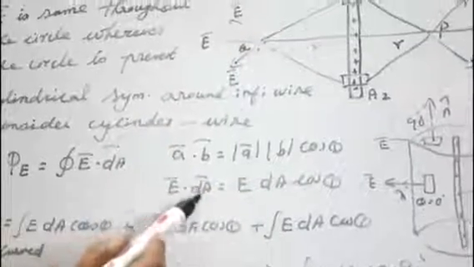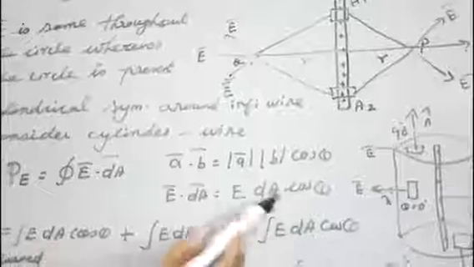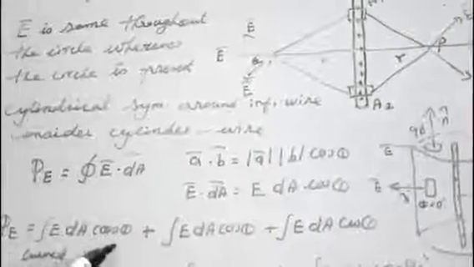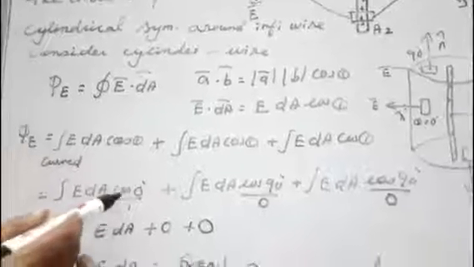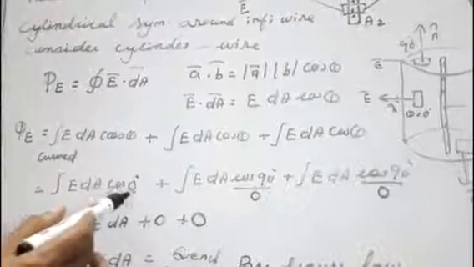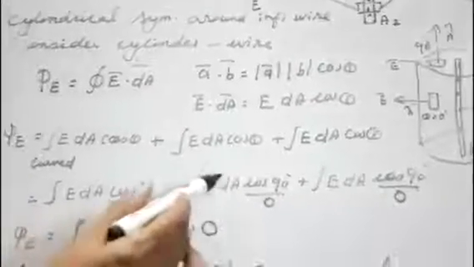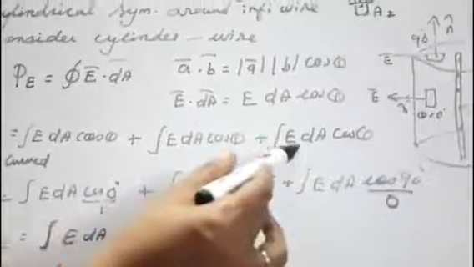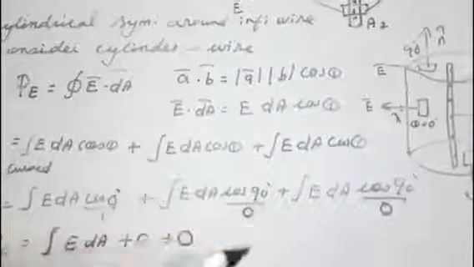So E vector into dA vector means E dA cos theta. So instead of E vector dA vector we have to write E dA cos theta. Therefore phi E is equal to integral of E dA cos theta plus integral of E dA cos theta plus integral of E dA cos theta for curved, top and bottom surfaces.